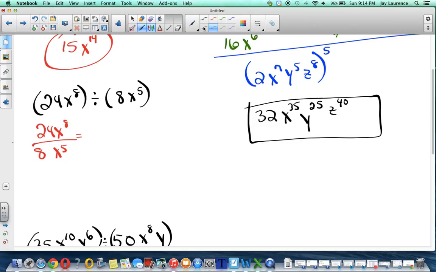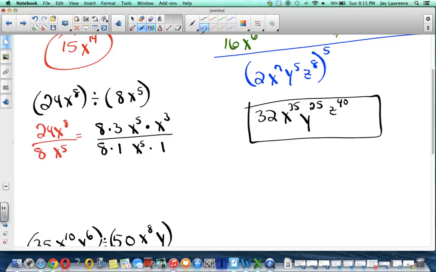All right. I'm going to think about 24 as 8 times 3. I'm going to think about 8 as 8 times 1. X to the 8th, I'm going to think about as x to the 5th times x cubed. And then down at the bottom, I'll have an x to the 5th. And if you want to put a times 1, you can.